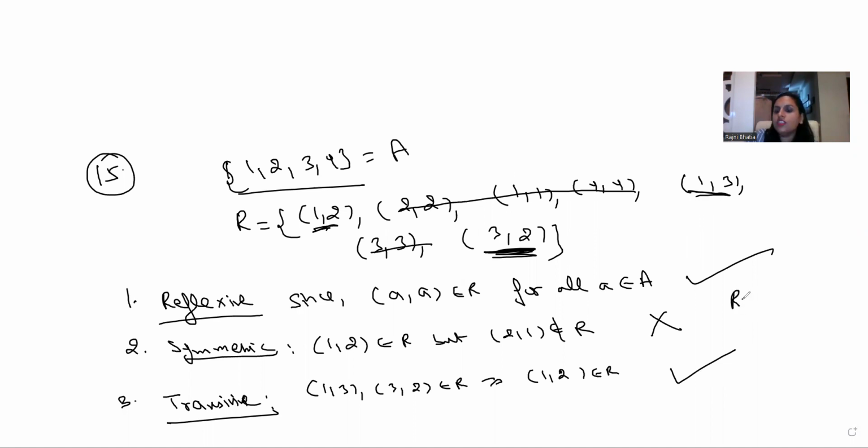So this relation is reflexive, this relation is transitive, but this relation is not symmetric. So option B is the correct option, which says R is reflexive and transitive, but it is not symmetric.